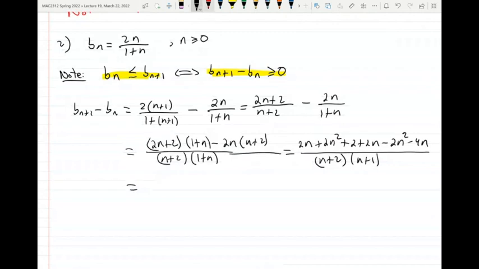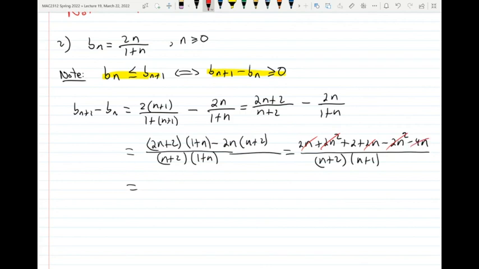So what do we get here? This guy cancels with this one, and then these two 2n's will give you 4n, which cancels with this one. Okay. So on top, the only thing that survives is a 2. So we get 2 over (n plus 2) times (n plus 1).